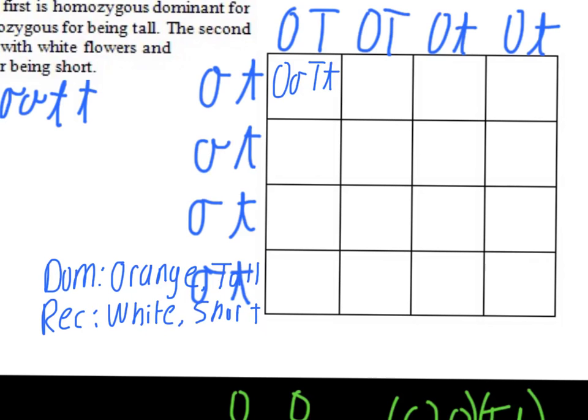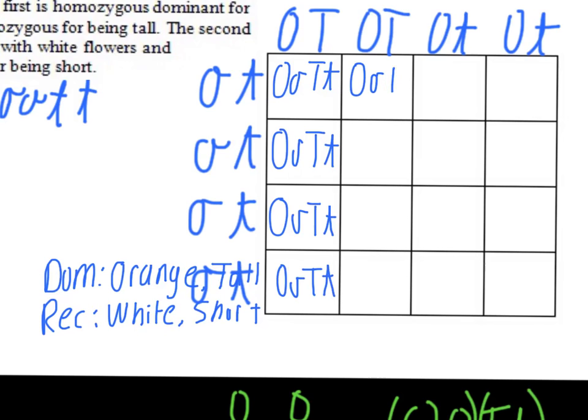And actually, this is going to be the same for all of the columns, because this left-hand side is all the same, so every column for this particular problem is going to be the same. That will not always be the case, but that's going to speed things up as we're putting this together. So now for this one, we end up with the same thing actually: big O, big T, little t.